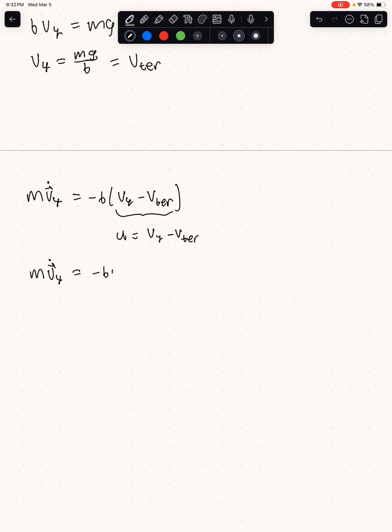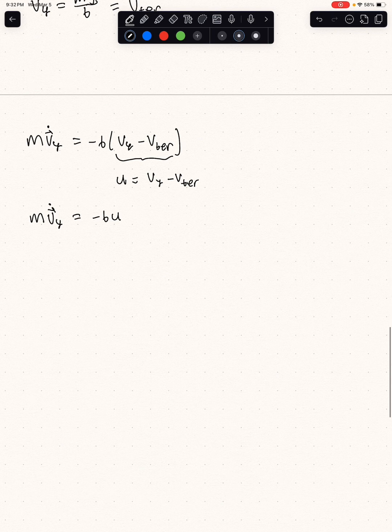So this would be negative b u, and this is saying essentially the same thing, where the first derivative is equal to a negative constant times itself. All right, this guy means that this is vy minus v terminal, and that's equal to a constant times itself, which only happens in the exponential case. And as we saw from the horizontal component, what we derived from up there, we'd have a e to the negative t over tau.